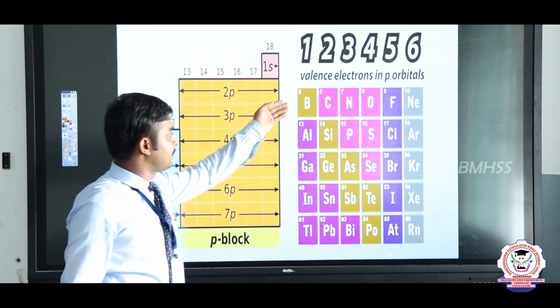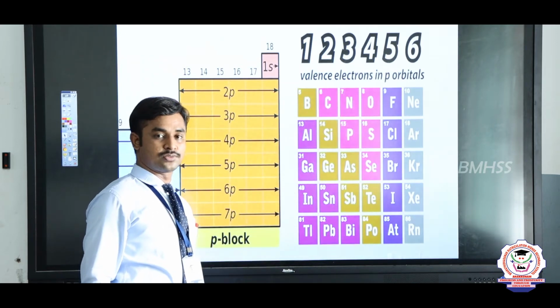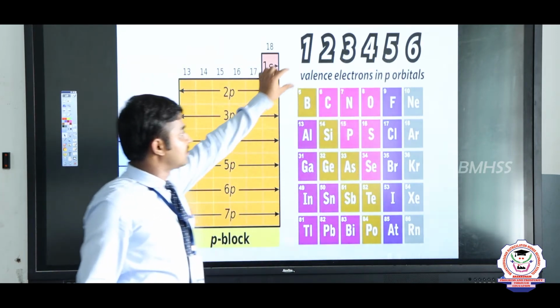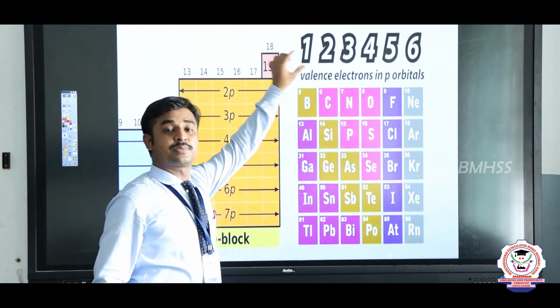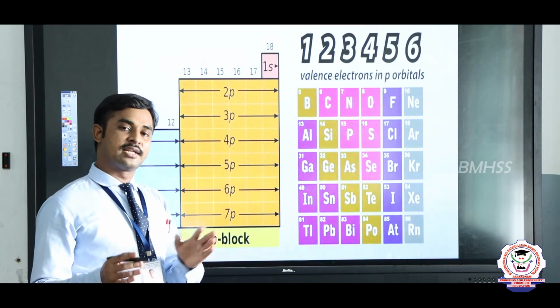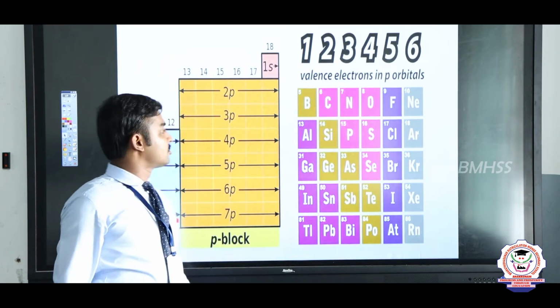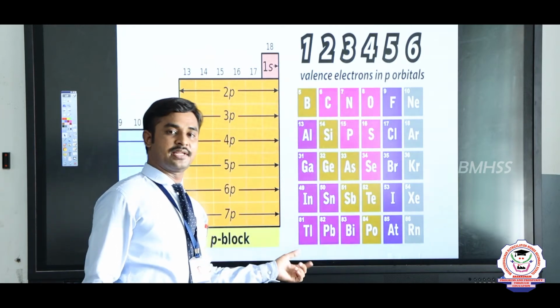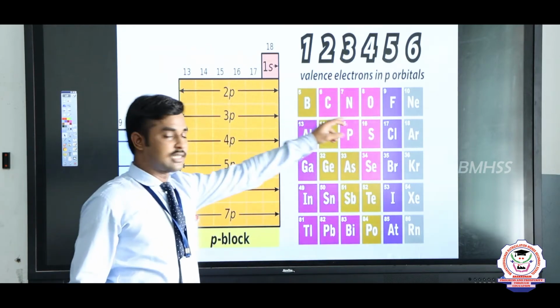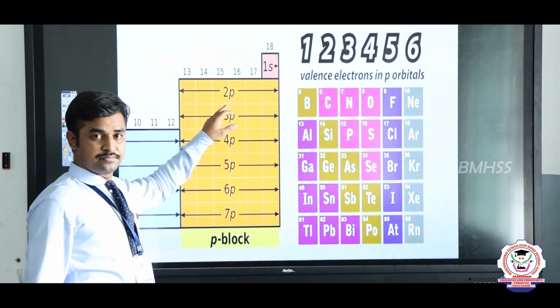So this is the second, third, fourth, fifth and sixth period, because the first period contains S block elements. Hydrogen and helium are present in the first period, and they are S block elements. So P block elements start with the second period. The second period elements have the electronic configuration 2p.